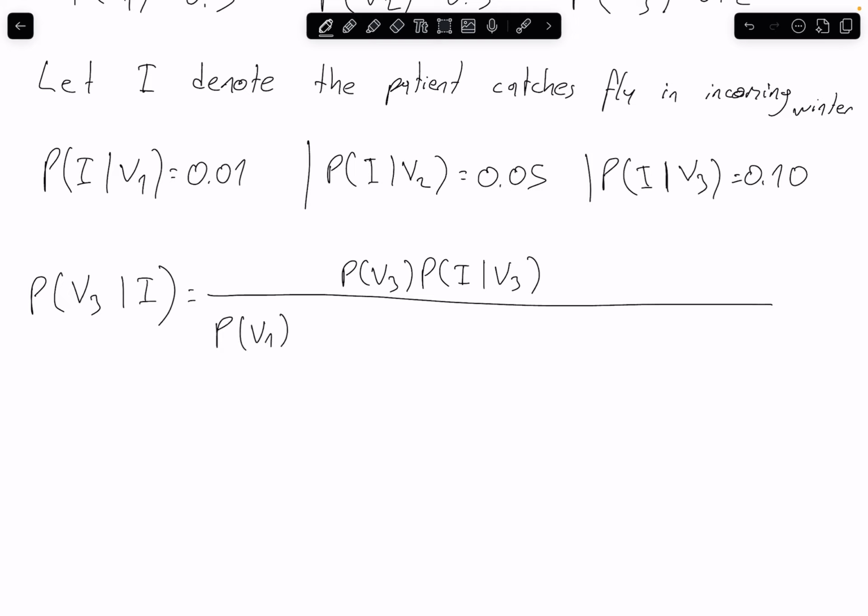The probability of V1 multiplied by the probability of sick, given that V1, plus the probability of V2 multiplied by the probability of I, given that V2, plus the probability of V3 multiplied by the probability of sick, given that V3. Okay, let's put the probabilities.